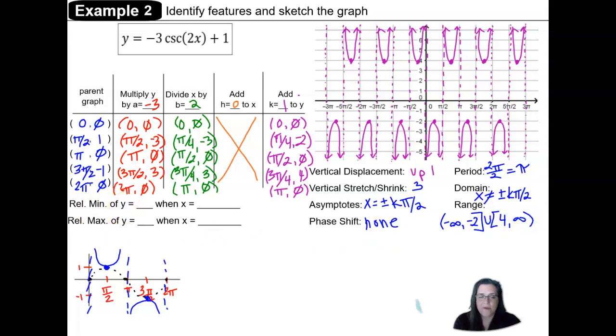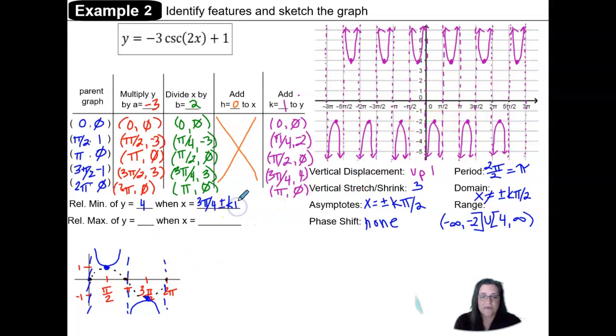So our extrema, we have a relative min of 4, and the first non-negative minimum occurs at 3 pi over 4, plus or minus k times the interval to the next relative minimum, and that is pi units.